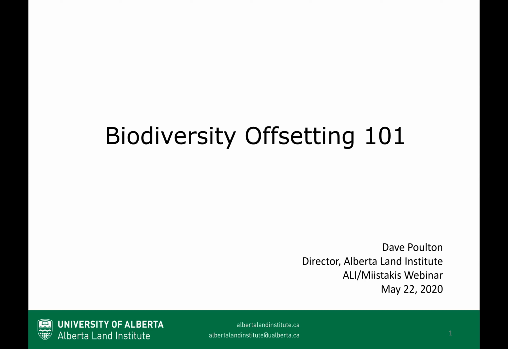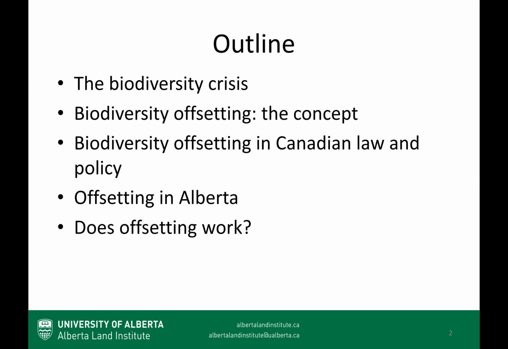My intention here is to briefly talk on our current biodiversity crisis and why there's a need for new tools such as offsetting to address our situation, and get into the concept itself and some of the common issues associated with it. Look at where we are on offsetting in both federal and Alberta law and policy, and then end with a brief discussion about what we know about whether offsetting in fact actually works.